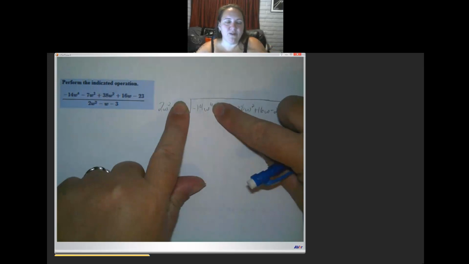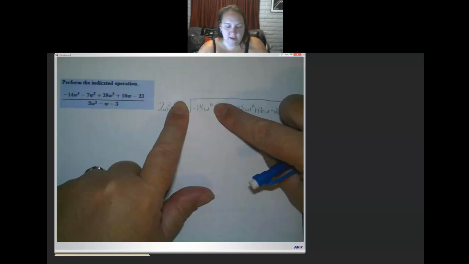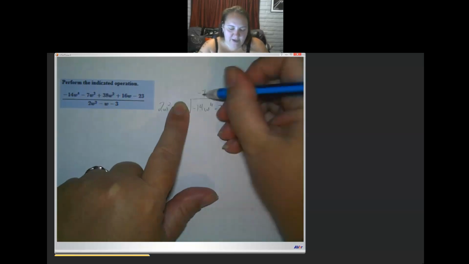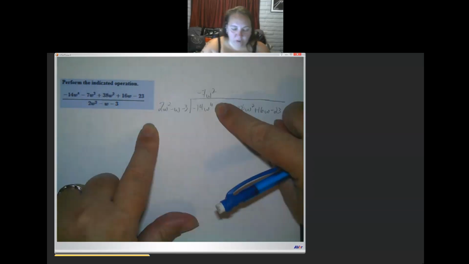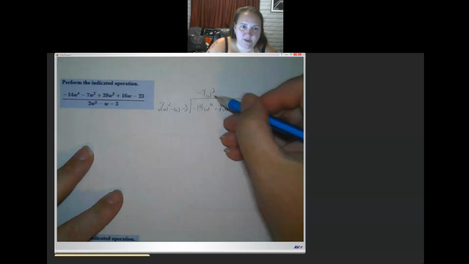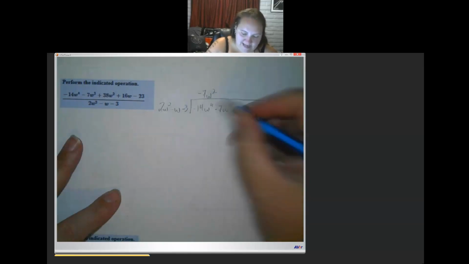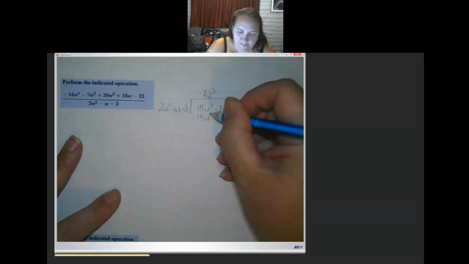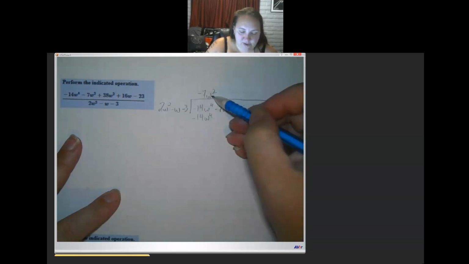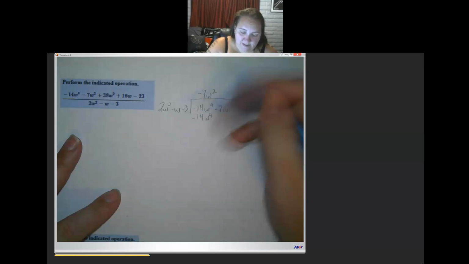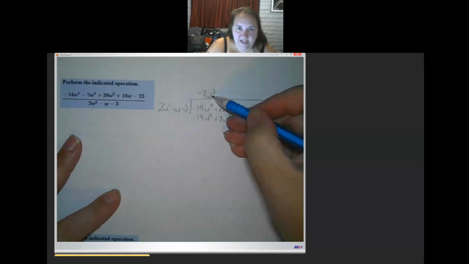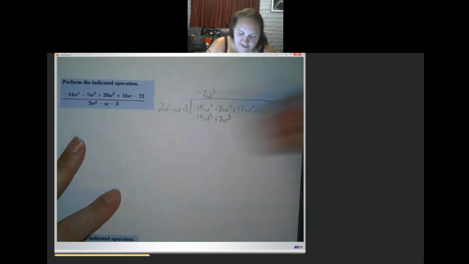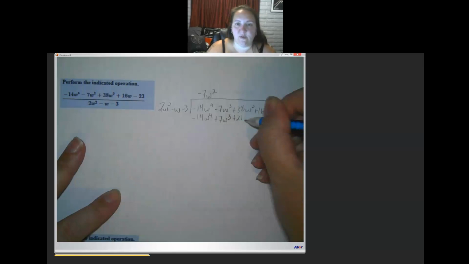So what do I have to multiply a 2w squared by to make it negative 14w to the fourth? I need a negative 7w squared. And then I multiply this whole thing by that. So negative 7w squared times 2w squared is a negative 14w to the fourth. Negative 7w squared times a negative w is going to be plus 7w to the third. Negative 7w squared times a negative 3 is going to be plus 21w squared.